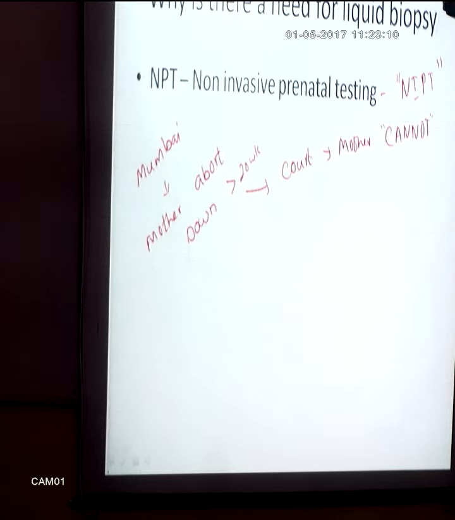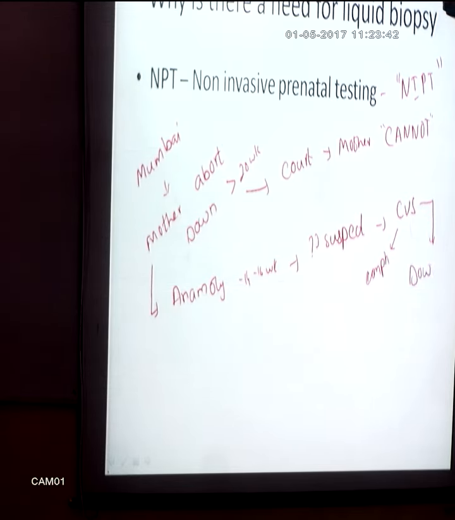Why this happens is, what is the time in which the anomaly scan is done? Like 14 to 16 weeks. In the anomaly scan, you suspect Down's, then you do a chorionic villus sampling, which also has a particular week to be done, and chorionic villus sampling obviously has many complications.